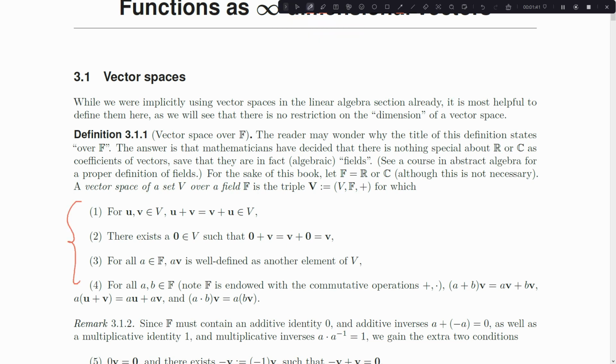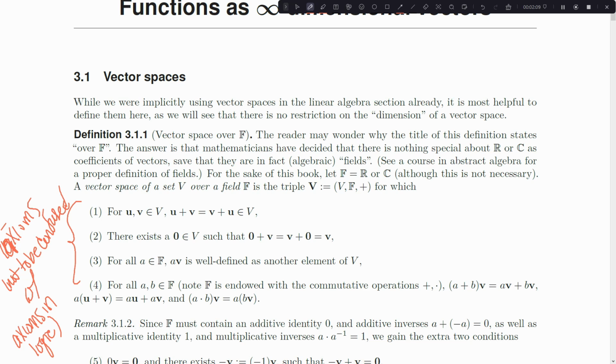We call these axioms not to be confused with axioms in logic, where those are the axioms that we just assume to be true before we develop all of our logical systems.